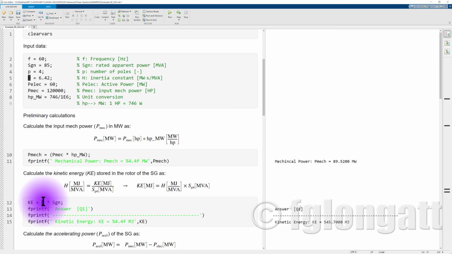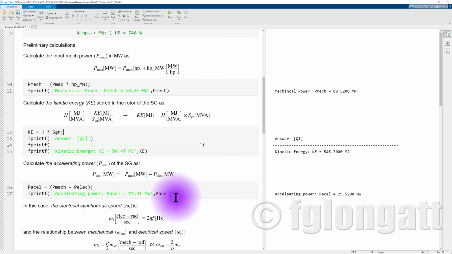Applying the numbers, 6.42 megawatt seconds per MVA multiplied by 85 MVA, we obtain that the kinetic energy stored in the rotor of this machine is basically 545.7 megajoules.